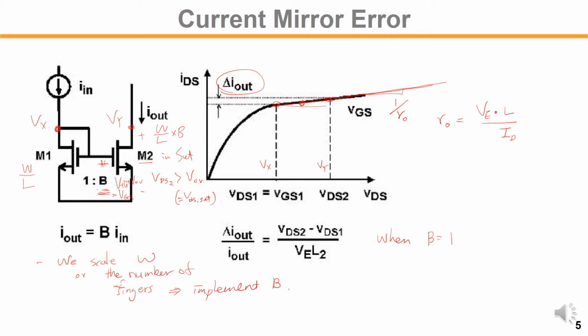So since we know the conductance GDS, we know that GDS is the 1 over RO, right? So we can find that the delta I out will be the voltage difference VDS2 minus VDS1 divided by the RO resistance, right?